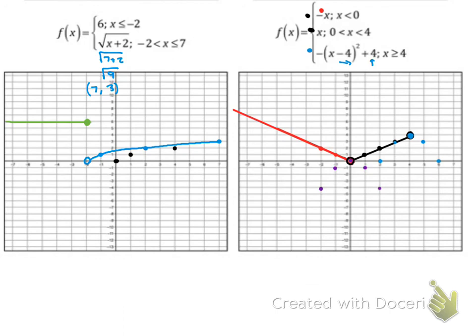And then we want the values greater than, so it's these here. And we can erase it, and this would go on as our parabola goes. Okay, so it looks like it's continuous. If we follow this, we don't have to lift our pencil. It goes all the way through.